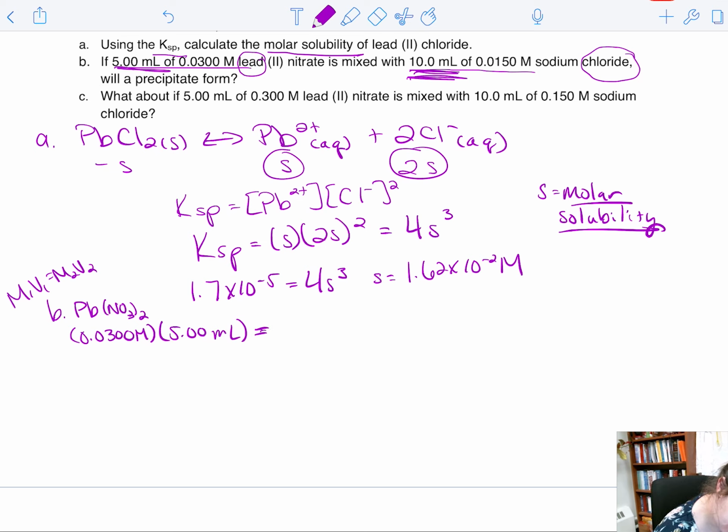Our M2 is what we're solving for, and our V2 is 15.0 milliliters. Calculating that out, we get an M2 equal to 1.00 times 10 to the negative 2 molar. Since we have a 1-to-1 mole ratio of lead to lead nitrate, that is our concentration of lead nitrate and our concentration of lead ions.